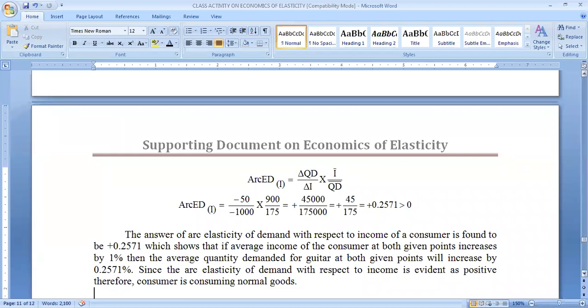For Giffen goods, income elasticity of demand is negative, but price elasticity of demand is positive. However, in case of inferior goods, income elasticity of demand is negative, and price elasticity of demand is also negative. So if we summarize it, the price elasticity of demand for a Giffen good is always positive, but for an inferior good, it is always negative.